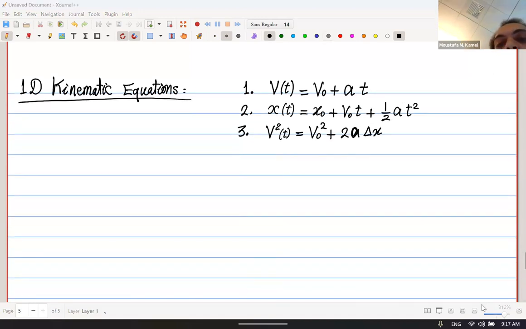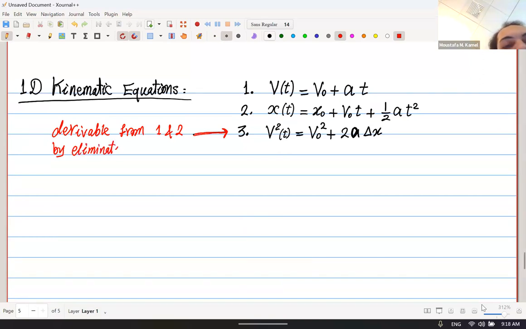Okay, so this one is derivable from 1 and 2 by eliminating the time variable.